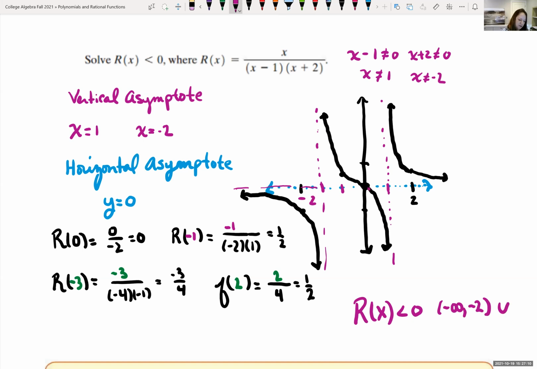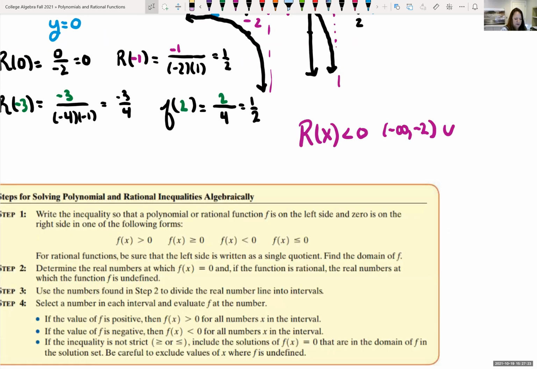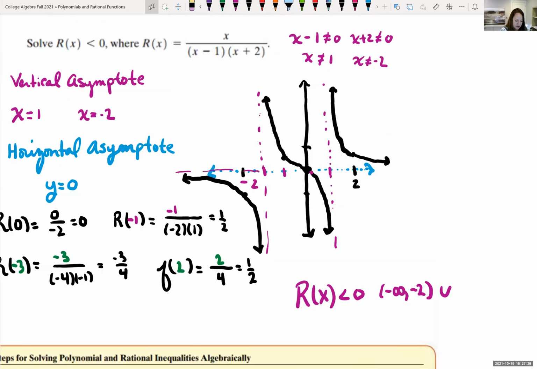Now notice that it's below the x-axis, starting at x equals 0. It's hitting the origin, but then after that, and between 1, it's below the x-axis. And so we now have union 0 to 1, not including either of them.